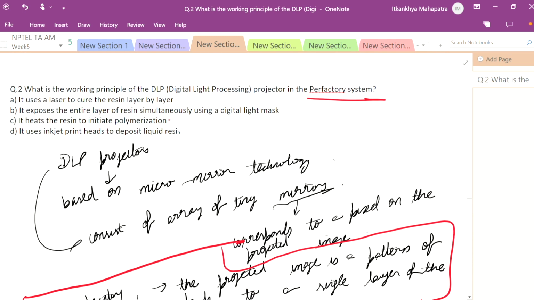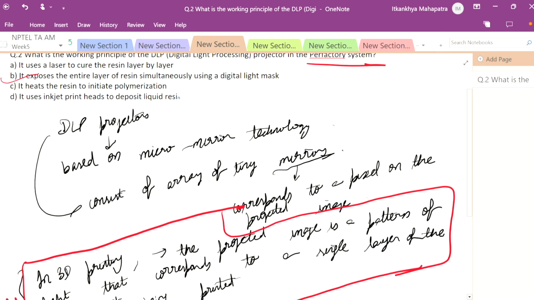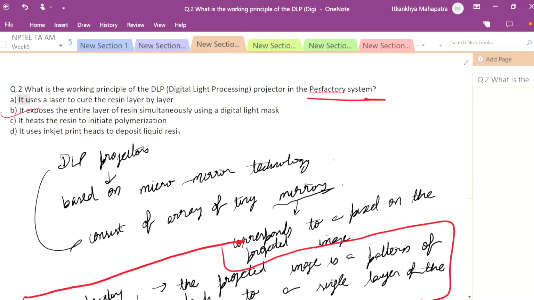So according to these options, the working principle of the DLP projector in the Perfactory system is that it exposes the entire layer of resin simultaneously using a digital light mask. Now we'll understand why the other options are not accurate. The first one, it uses a laser to cure the resin layer by layer.